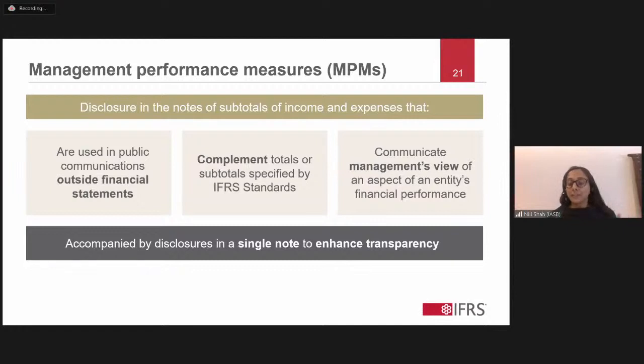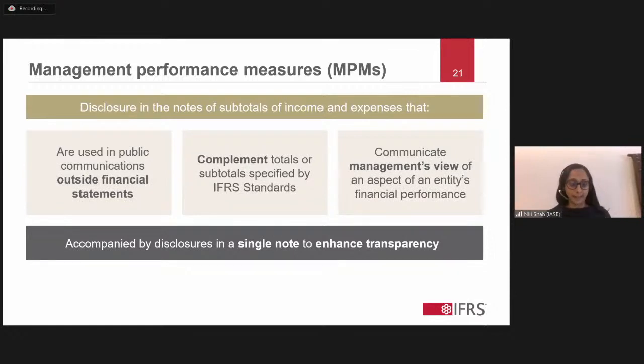You could also have a situation where a company just communicates its views of financial performance using the specified IFRS totals or subtotals. And in that case, management would have no management performance measures and it would have nothing to disclose. And that's perfectly fine as well.